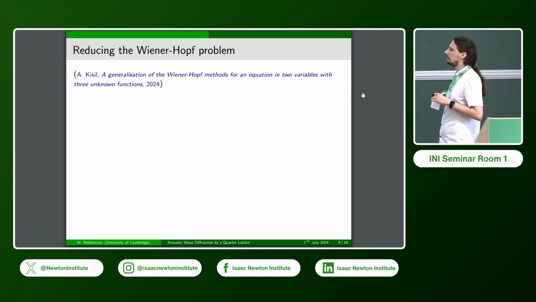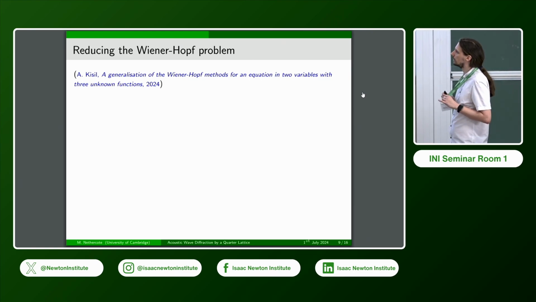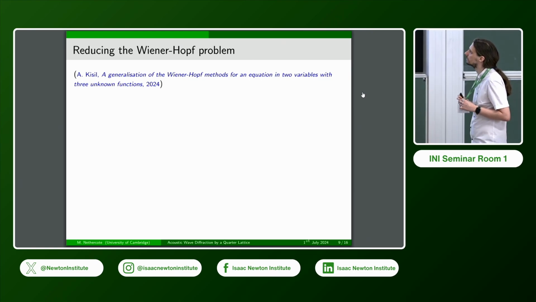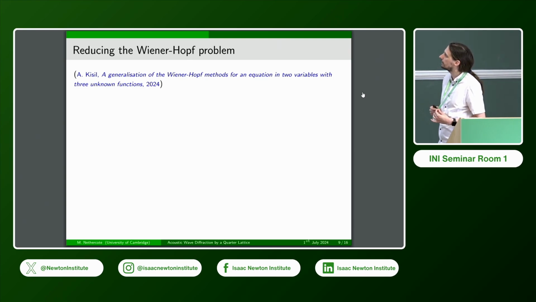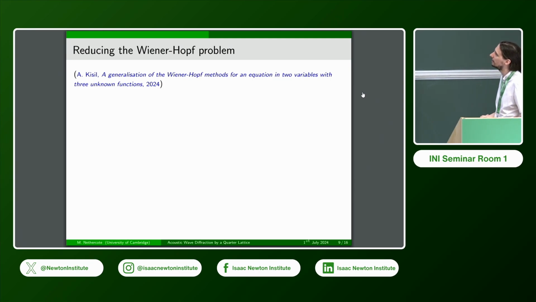So how we tackle this, I'm going to be using a method that Anastasia recently published, and this was on a more general Wiener-Hopf problem where we have two complex variables and three unknown functions, which is perfect for us. That's exactly what we've got.